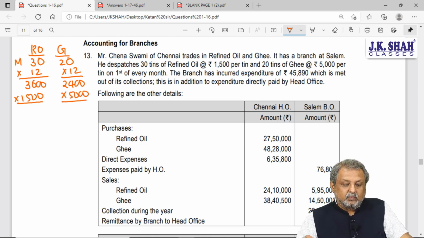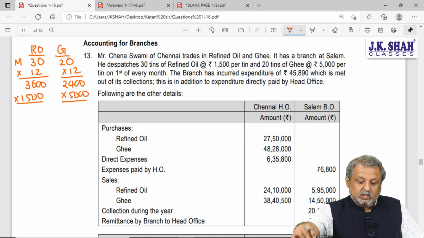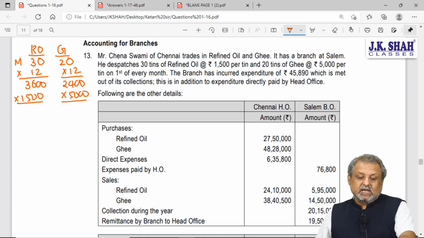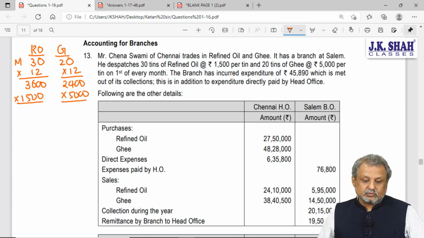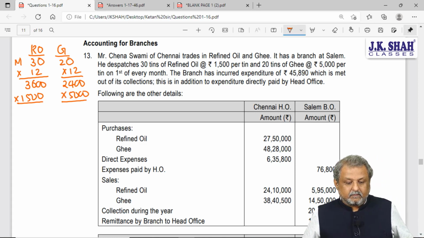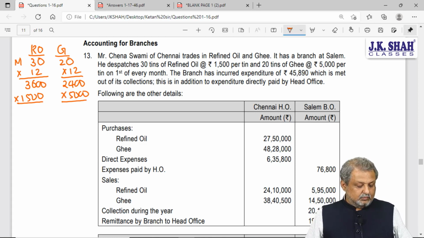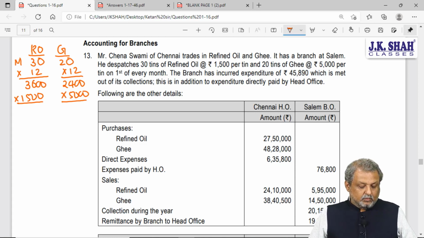So what will be the total goods sent to branch? 3,600 into 1,500. Oh, so there is a mistake here. 30 into 12 will not be 3,600 and 2,400.